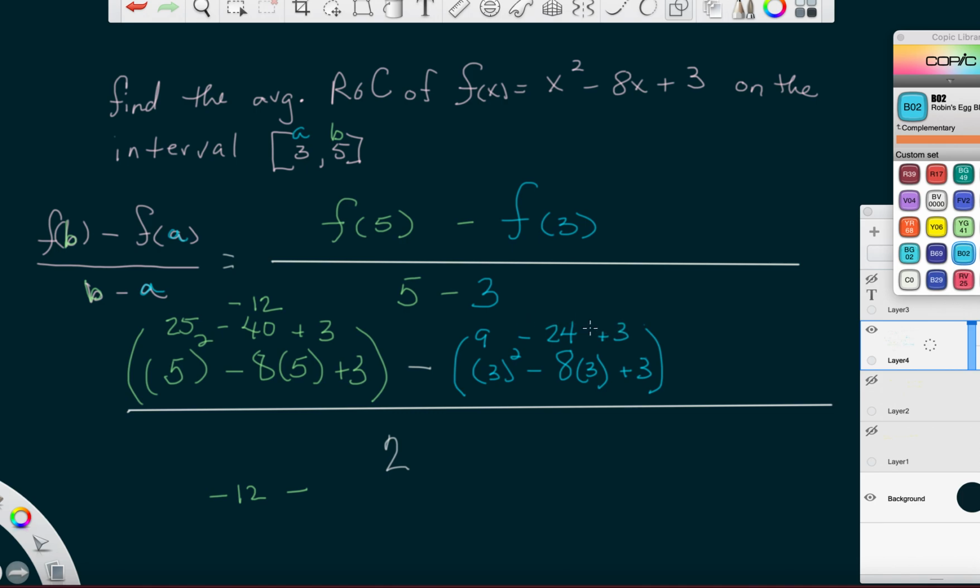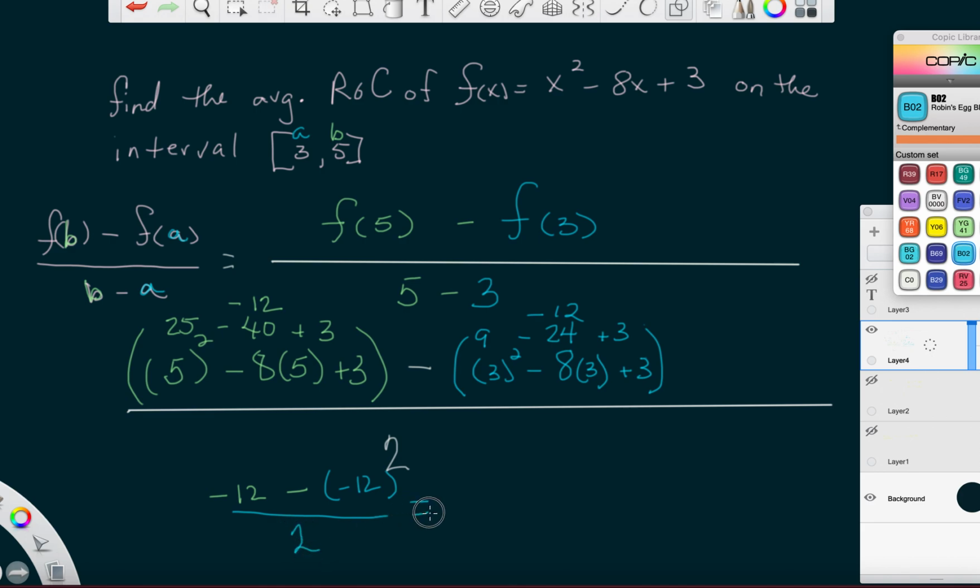Negative 15 plus 3 is negative 12. OMG, this just worked out this way. Oh no. 9 minus 24 is negative 15, plus 3 is negative 12. Oh no. Negative 12. Oh, crud. All right, well, we have an answer.